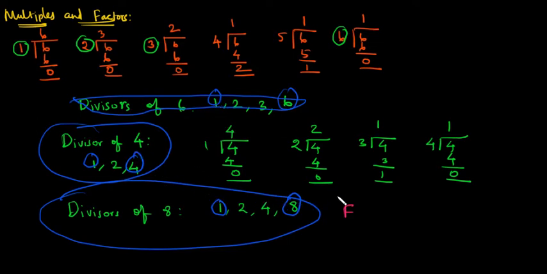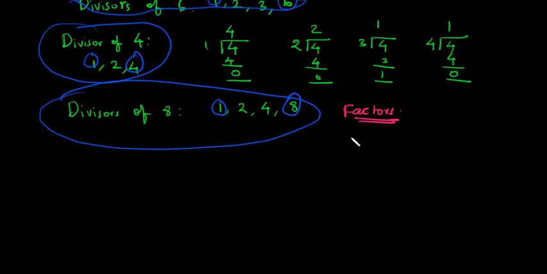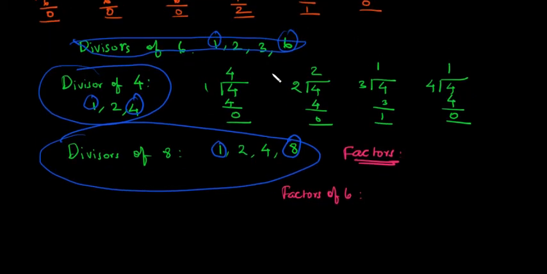It's simple, an easy one. So I'm going to write the factors of 6. How will you find the factors of 6? It's easy. In the divisors you remove the 1 and the number itself. So 2 and 3 are factors of 6.